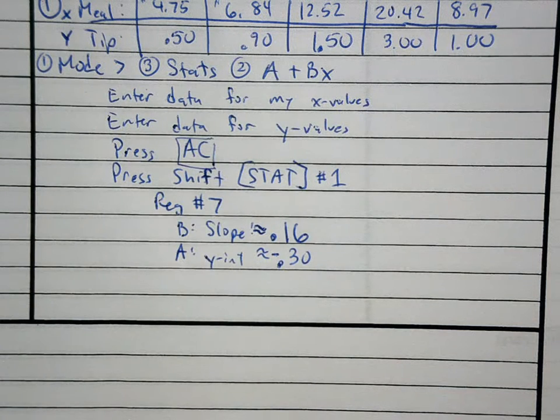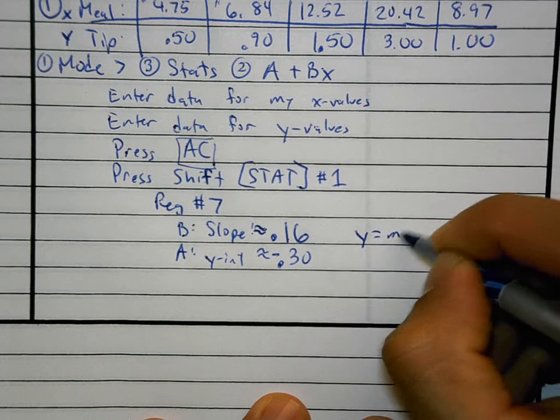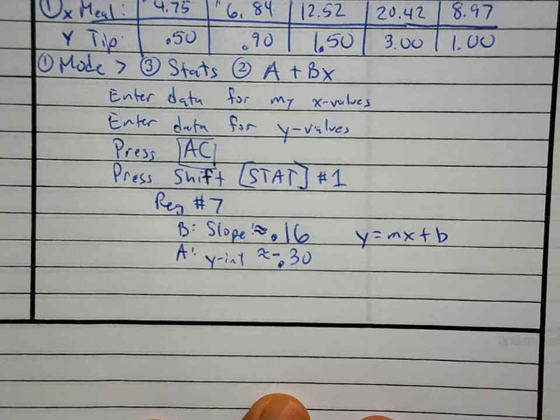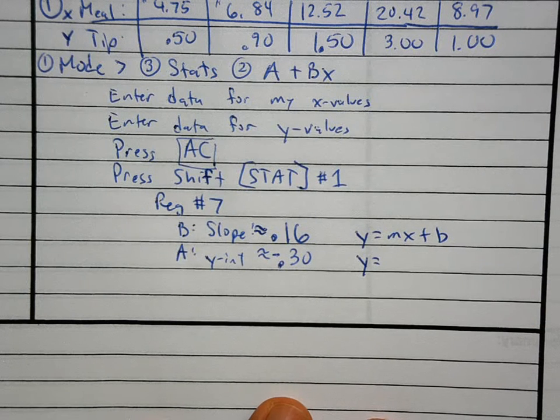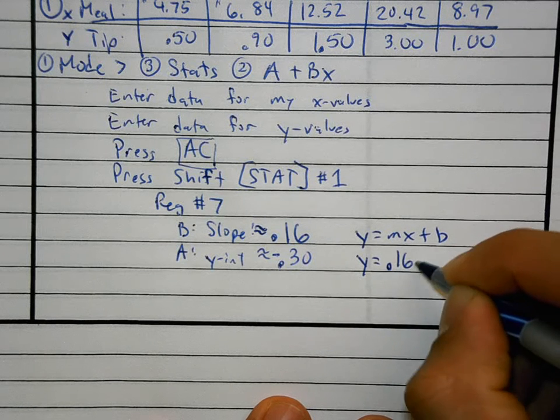And the last thing we do now: what's the equation? Y equals mx plus b, right? What was the m? What's our slope? 0.16x. What's our b?